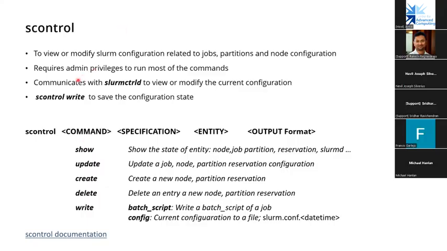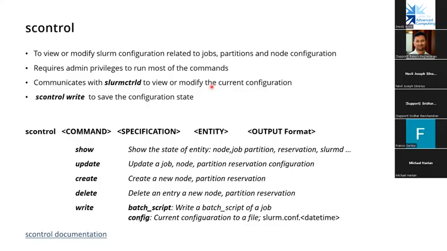SControl directly communicates with the control daemon to view or modify the current configuration that we set up using the configuration files that we have in the SLURM folder. The changes that we make are only valid for the duration of the time that the control daemon is running. If it reboots, it goes back to the configurations that we have in our configuration files.